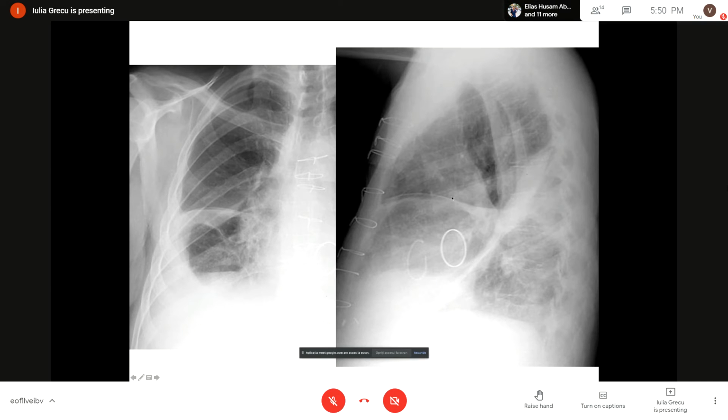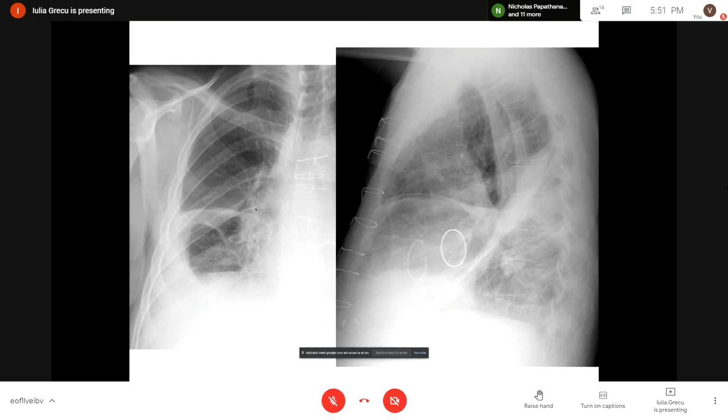This is one. And the other one, which we probably see here, is located along the minor fissure, the horizontal fissure, and we have this trifurcation aspect, all opacities being situated along the fissures of the right lung. So this is pretty easy diagnosis to make.